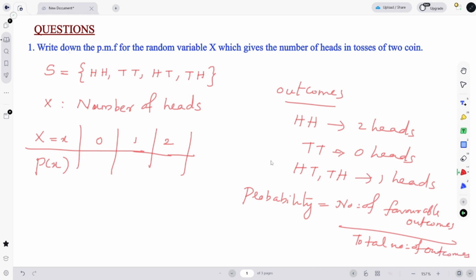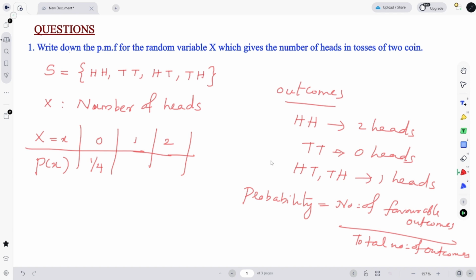Here the total number of outcomes is 4. In the first case, number of favorable outcome is 1, that is TT. So the corresponding probability is 1 by 4.